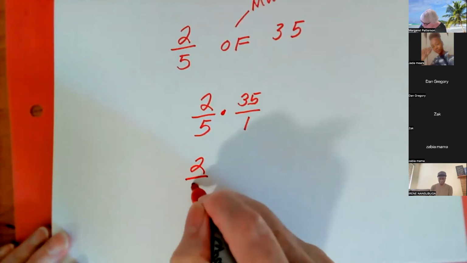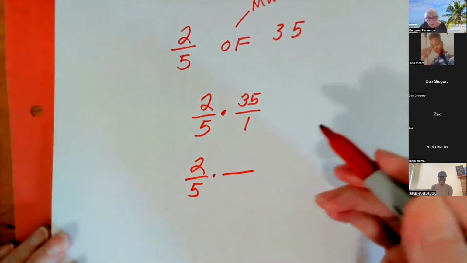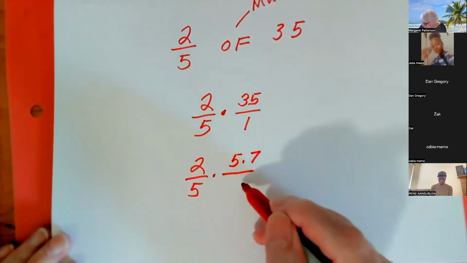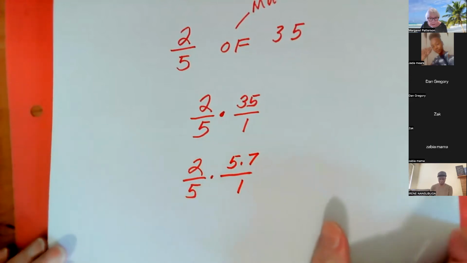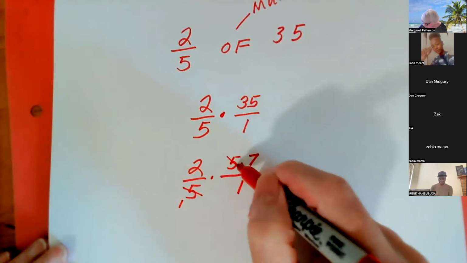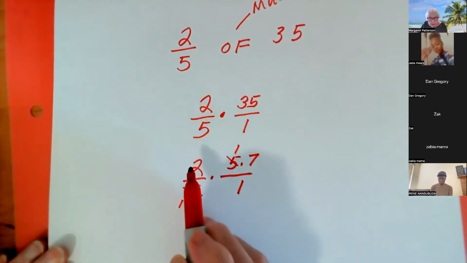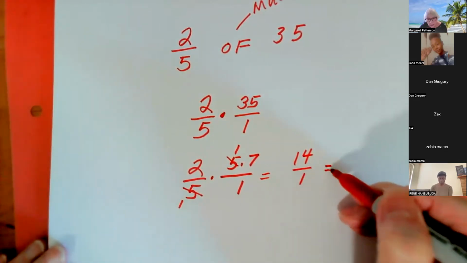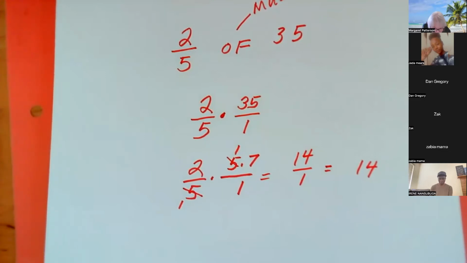If you need to see it broken down, you would say to yourself, 35 is 5 times 7. Whether this method appeals to you or not doesn't matter if you're coming up with the right answer. So this is 2 times 7 is 14 over 1. But you know very well we like the simplest version. It's almost like we're trying to save ink. And so 14 over 1 is really 14. So that's our answer for that.